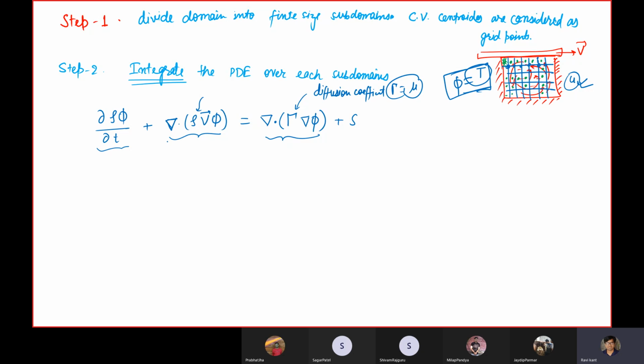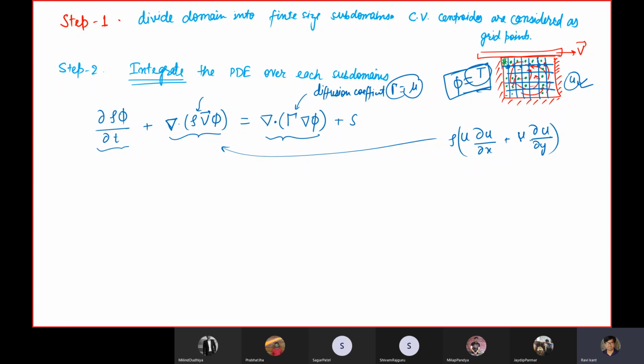This is 3 dimensions. So whenever I write this term, I have clubbed dou by dou x of rho u phi. If I take u and rho outside, it is u dou phi by dou x plus v dou phi by dou y. So when I write my Navier-Stokes equation, this phi is u, this phi is again u here.